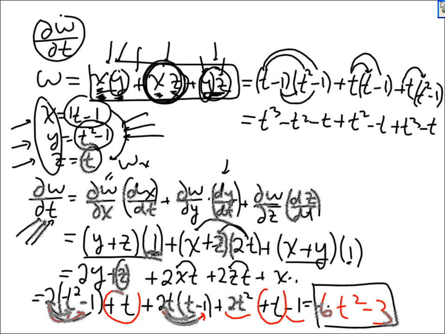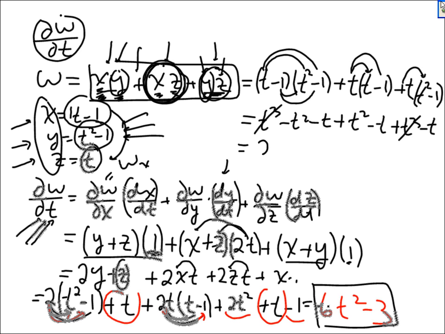It wasn't that bad. We have t cubed plus t cubed, 2t cubed. You take away t squared, and you add it back, there are none. Then you take away t, and another t, and another t. You took away 3t. This is w in terms of t.